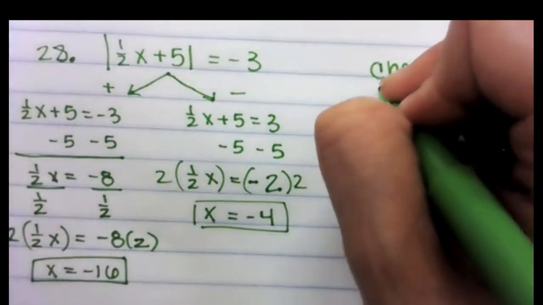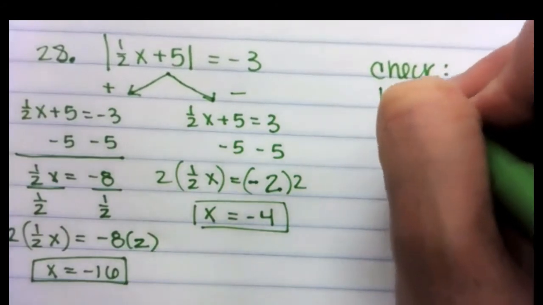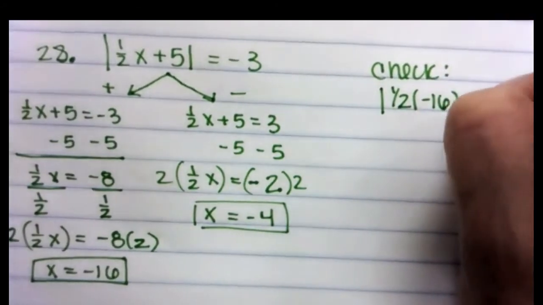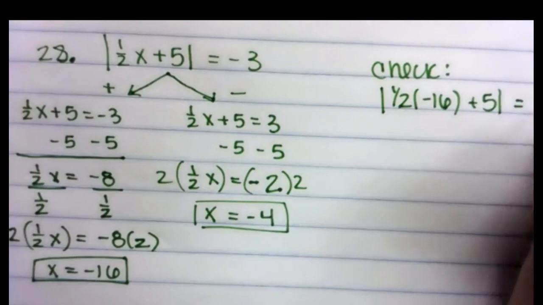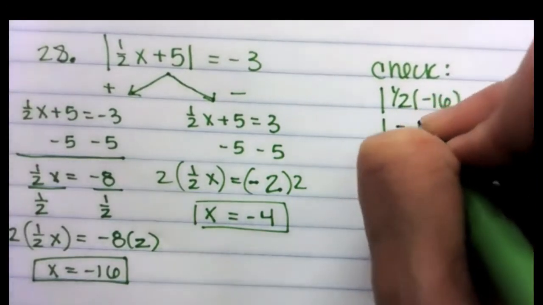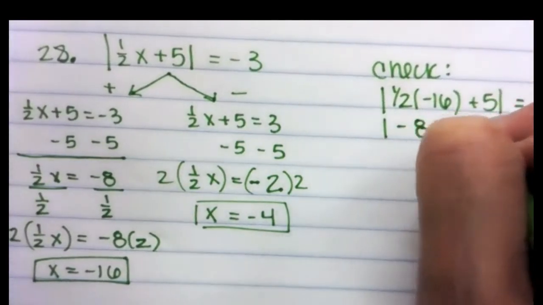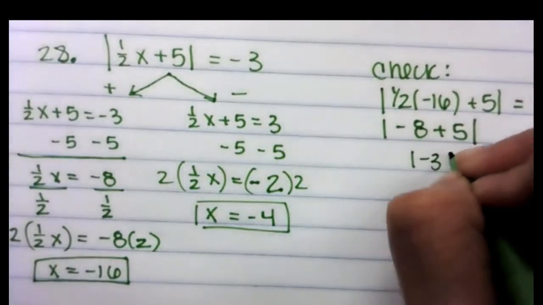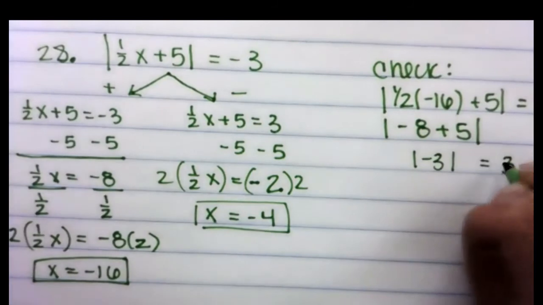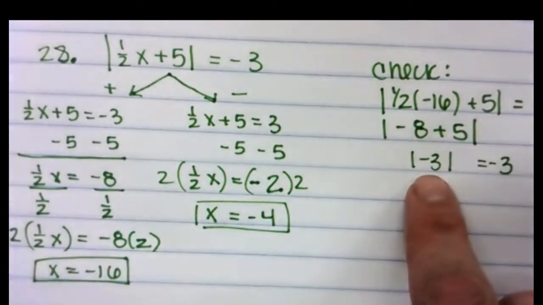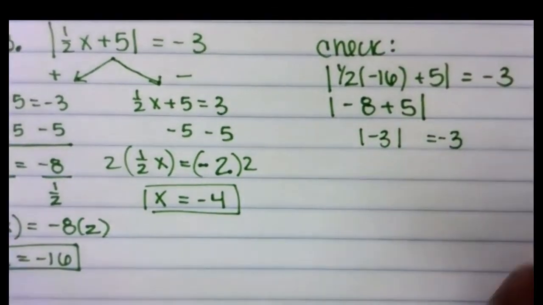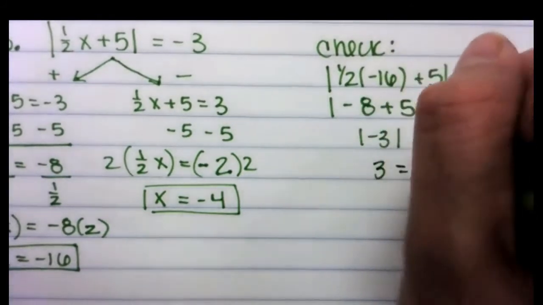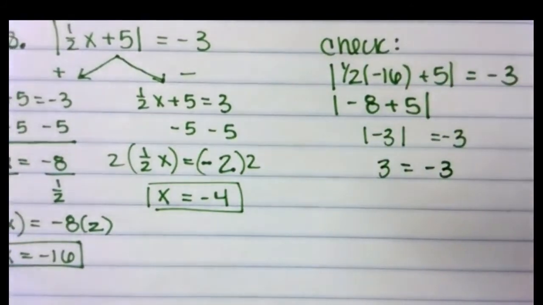All right, so what happens when you do 1 half negative 16 plus 5? We get absolute value of negative 8 plus 5. So you get absolute value of negative 3. What's the absolute value of negative 3? Does a positive 3 equal a negative 3?